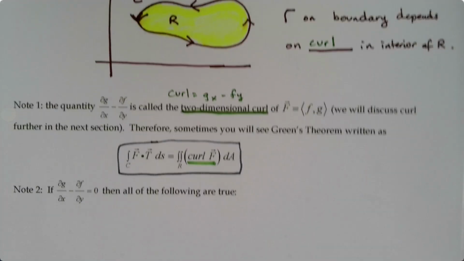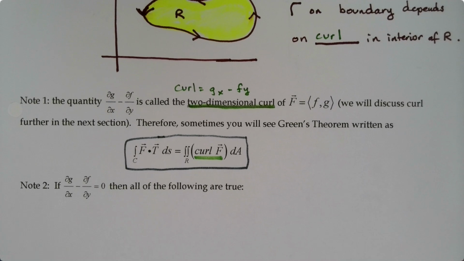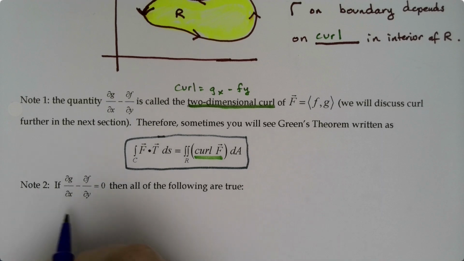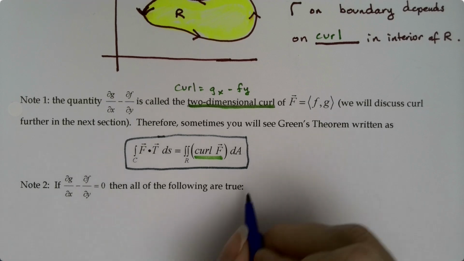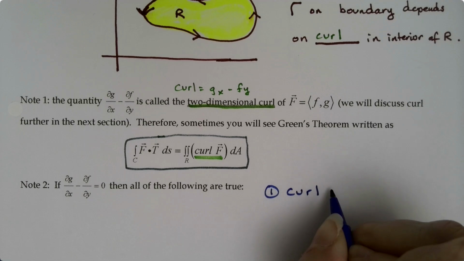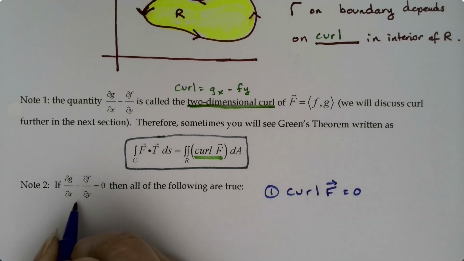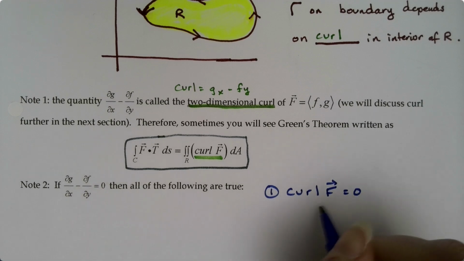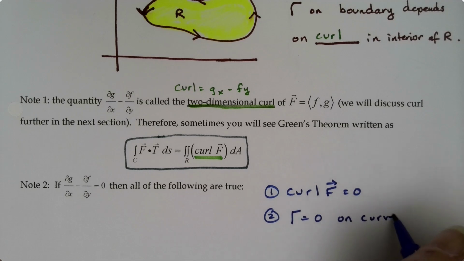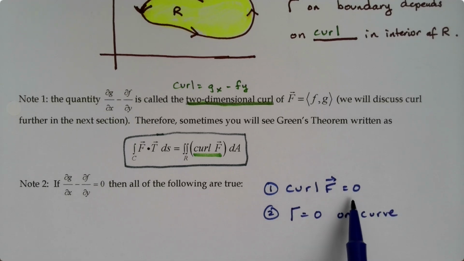Okay. Now, notice what would happen if the curl was equal to 0, right? So if your curl equals 0, the curl of F would be 0 because this is the curl, right? So that would make it 0, which would mean that the circulation is 0 on that curve. Because if the curl is 0, you're integrating 0. Right?